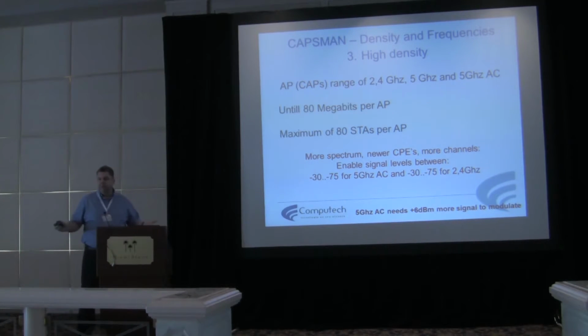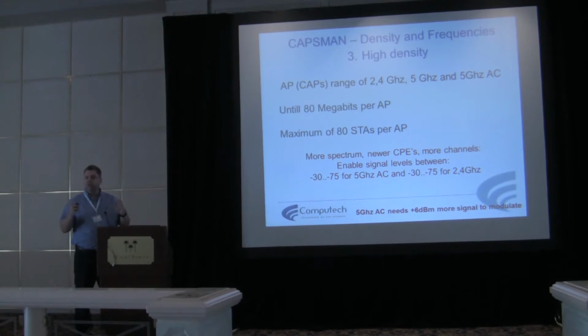Imagine 10 APs, we can go to 800 users using the internet in a room. It's too much. The benefits are more spectrum, newer CPEs, obviously, more channels, and enable signal levels -30 to -75. AC coverage is a little shorter than the A coverage.